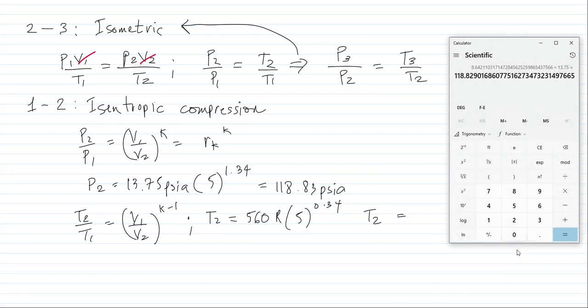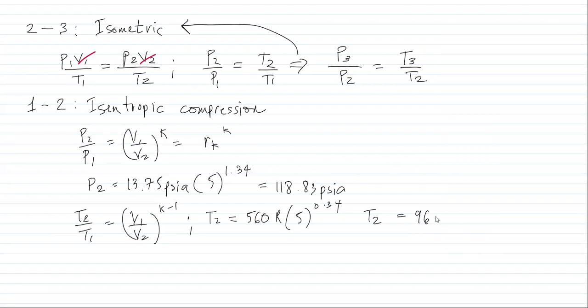Calculator again. We have 5 raised to 0.34, and then multiply by 560. Okay, so the answer is 967.92 Rankine. So we have now P2 and T2. But this is still lacking. Okay?